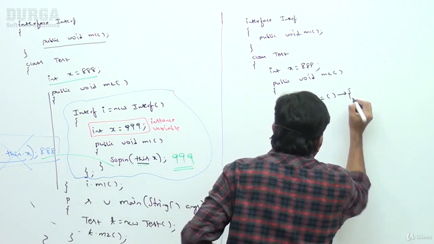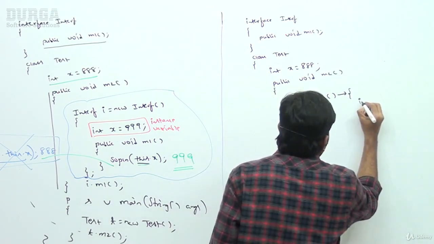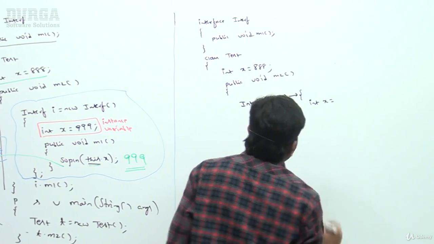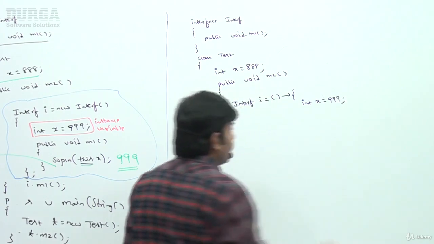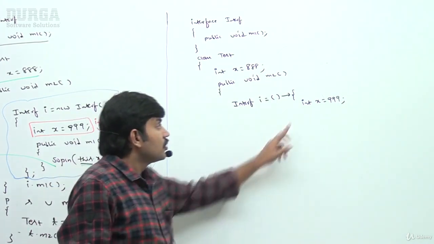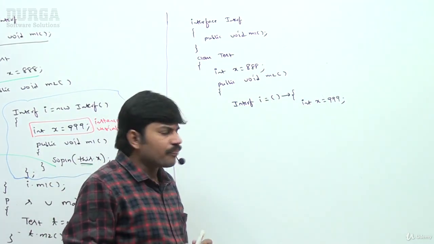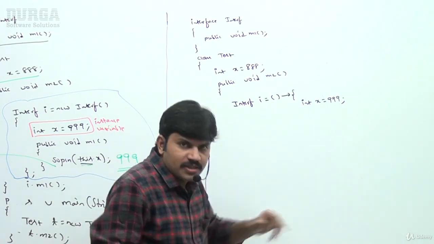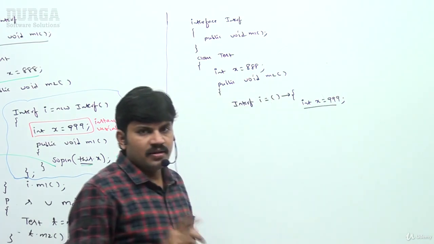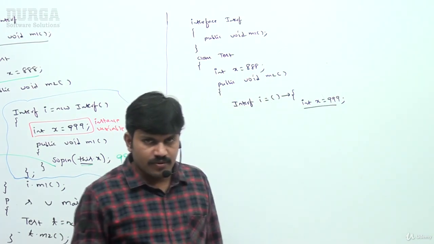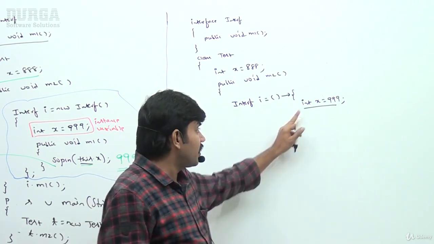Within that, I'm declaring a variable int x is equal to 999. Sir, inside the lambda expression, I'm declaring a variable. Can you please tell, is it an instance variable or a local variable?